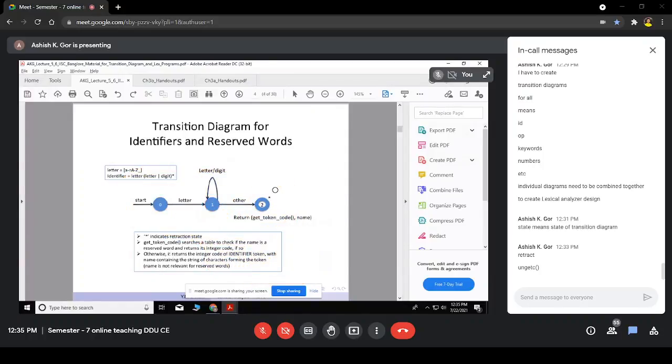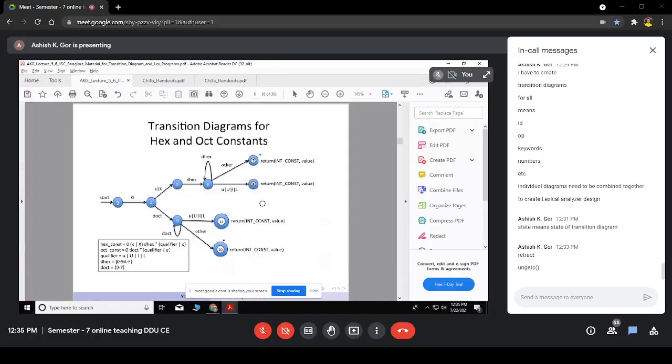So for octal, if it is a requirement, I will take a start state 3. There should be 0 followed by x or capital X, or it should be d-oct. D-oct should be 0 to 7. If it is 0, then there is no x, that means it's an octal. So it could be 0, 1, 2, 3, 4, 5, 6, 7, etc.